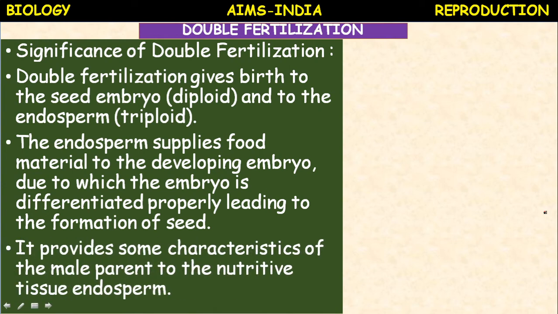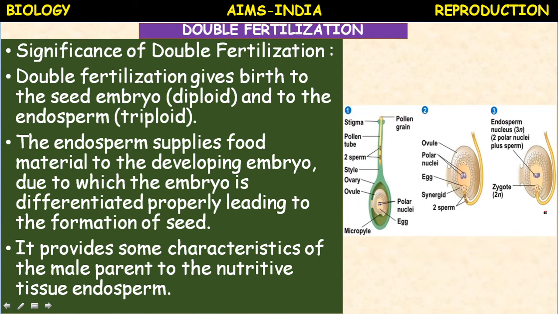It provides some characteristics of the male parent to the nutritive tissue endosperm. This is the advantage of double fertilization. This endosperm supplies the food materials to the developing embryo, and it provides the characteristics of the male parent to the nutritive tissue endosperm.